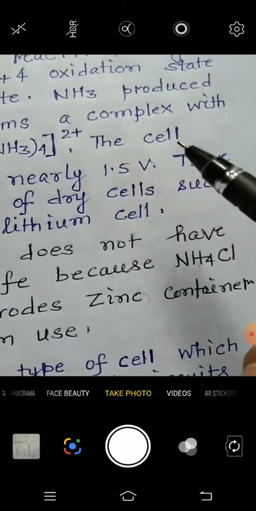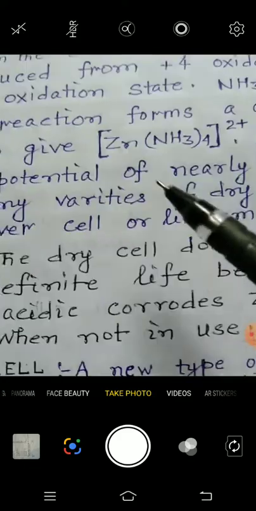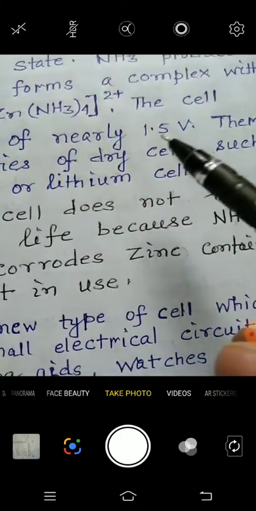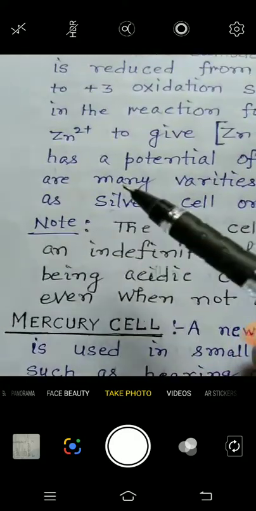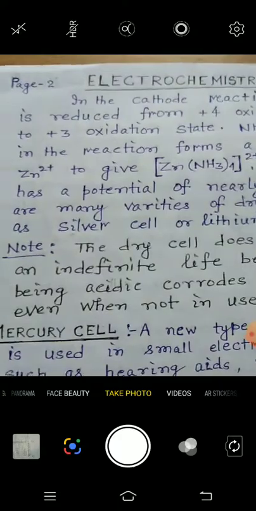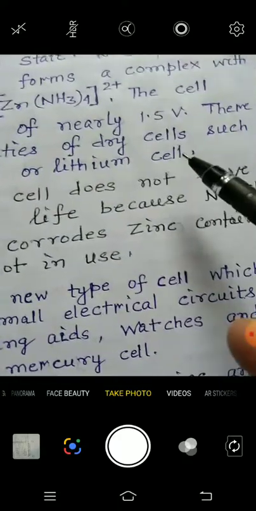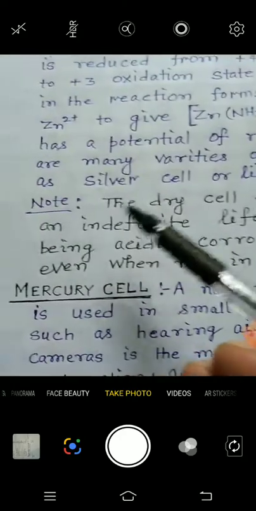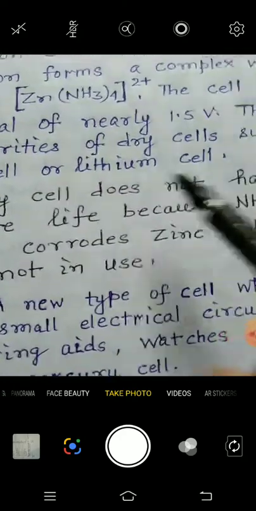The cell has a potential of nearly 1.5 volt. There are many varieties of dry cells such as silver cell or lithium cell.